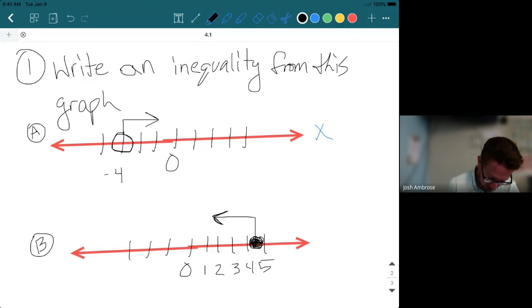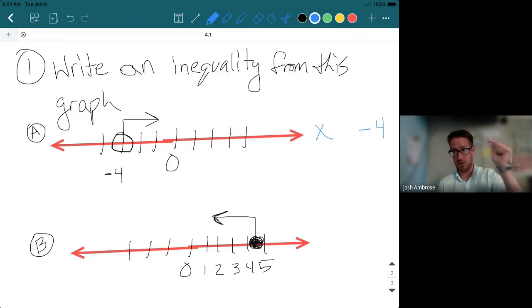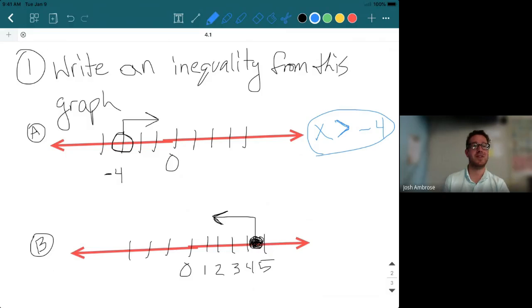There should be a negative sign on that 4, because we went to the left of the 0, and anything to the left is negative. So we are representing x with -4. Now, what inequality am I using? I'm going to the right, and I have an open circle, so that means we are using the greater than symbol. That is the answer for that graph.